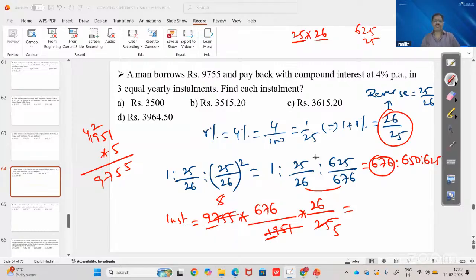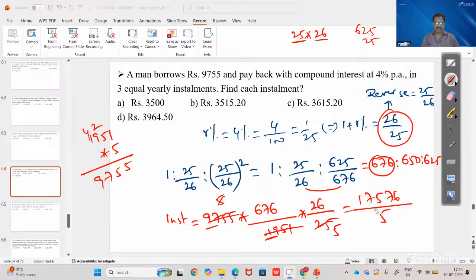Now we need to multiply everything. 676 into 26 divided by 5. So 676 into 26, what will be the value? 676 into 26 will be equal to 17576 divided by 5.